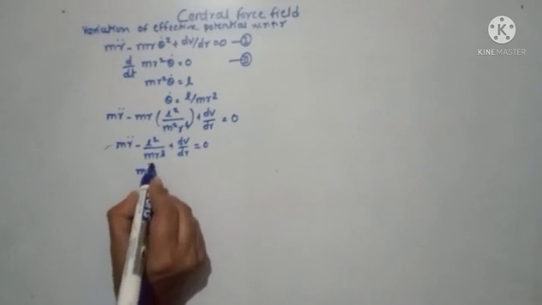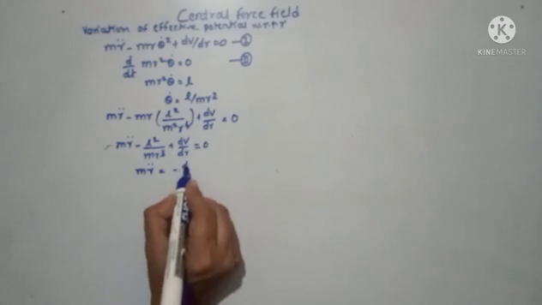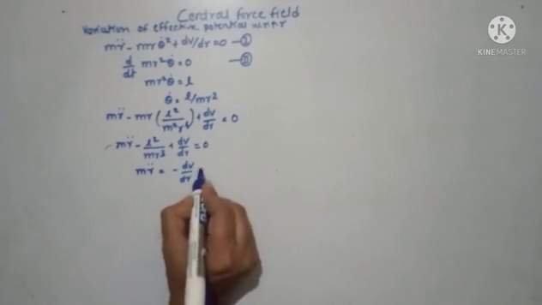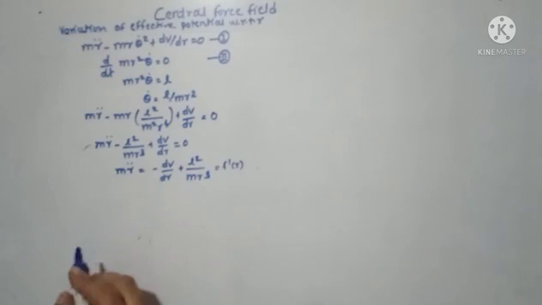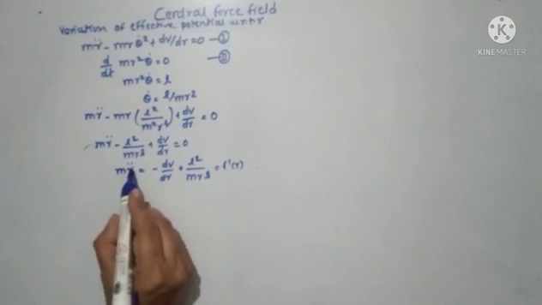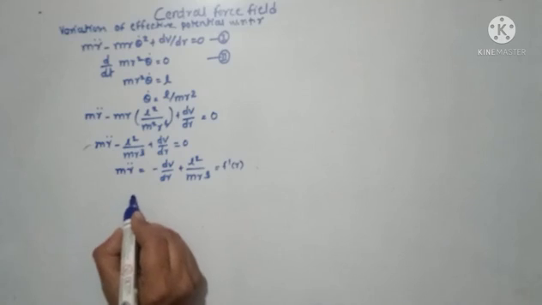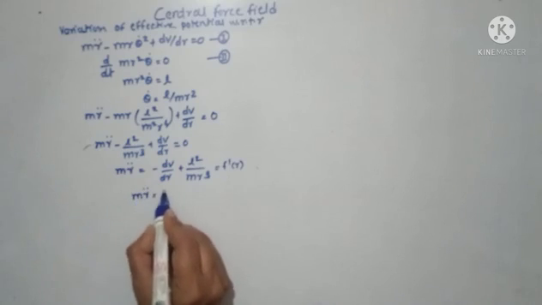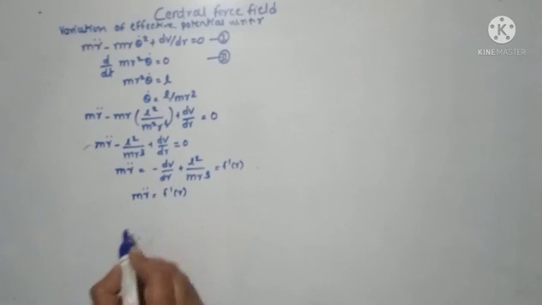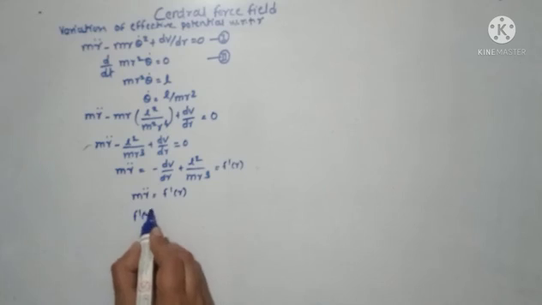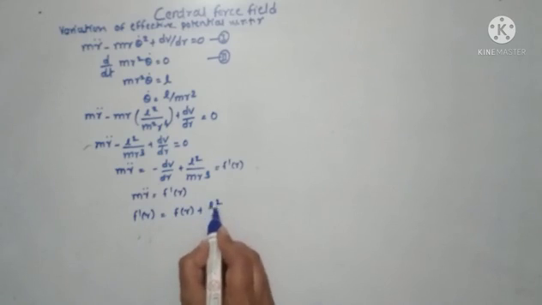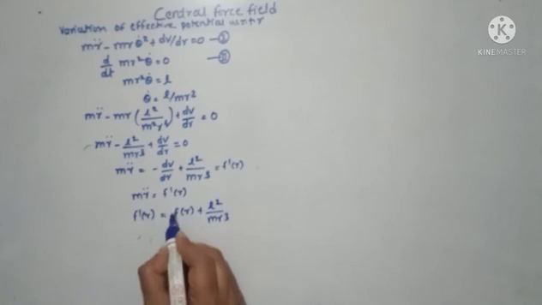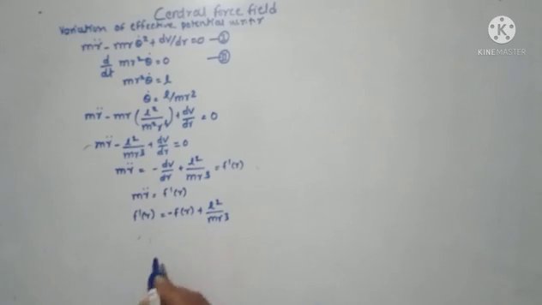Now m r double dot will be equal to minus dV by dr plus L squared upon m r cubed. As this m r double dot is nothing but m into a, which is a kind of force, let us call it f dash of r. So I can write here, f dash of r is equal to minus of f of r plus L squared upon m r cubed.